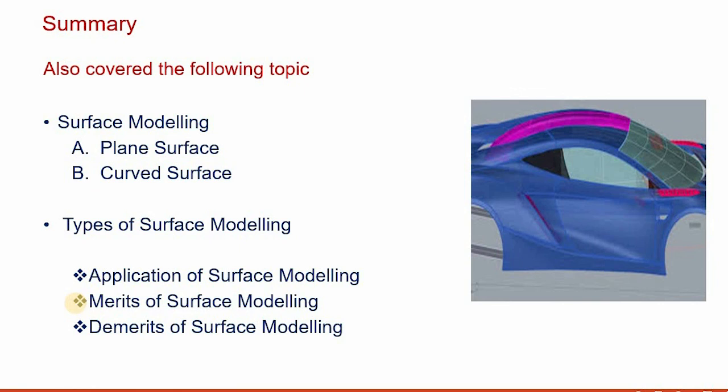Also, we have covered surface modeling. What is surface modeling? What are the various types of surface modeling? And what techniques are used in surface modeling to construct the surface of the images or objects, such as plane surface and curved surface.